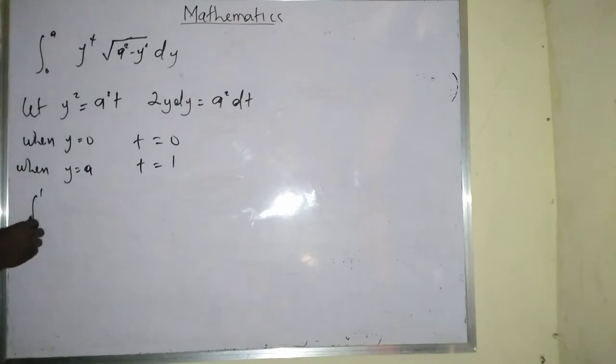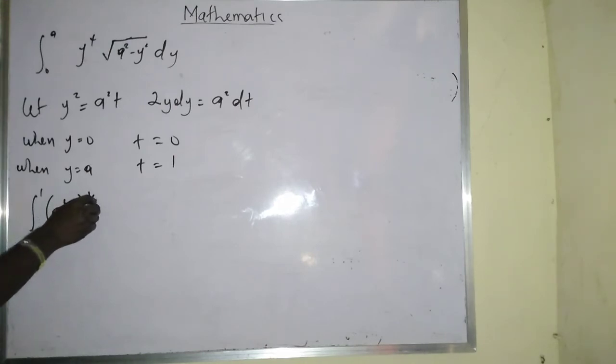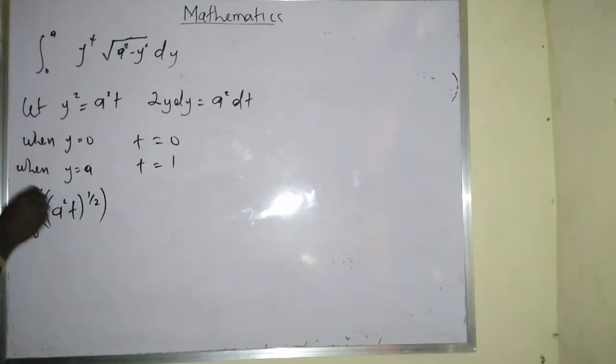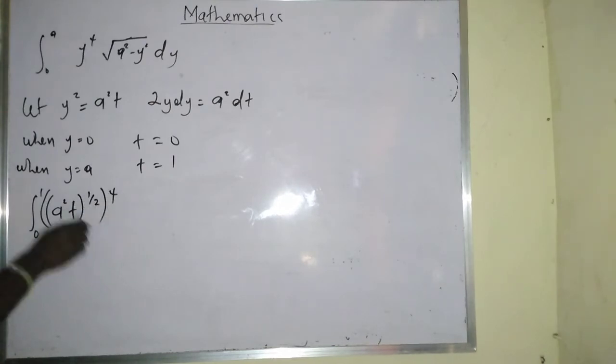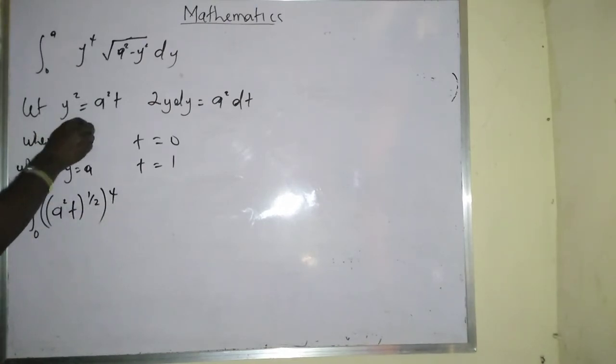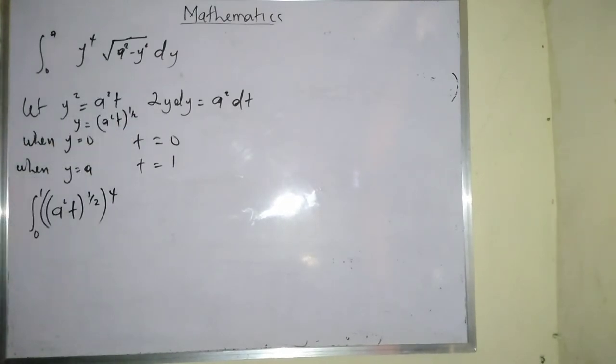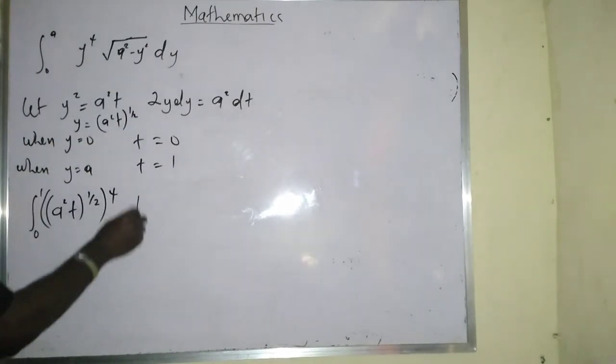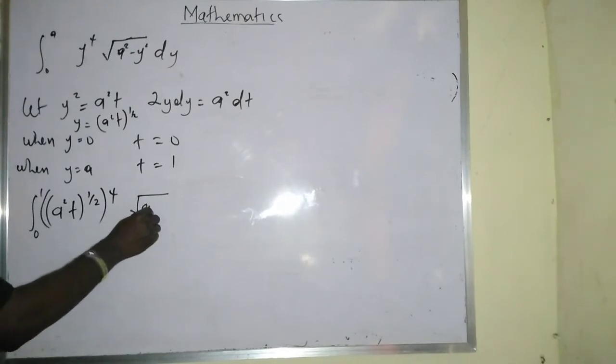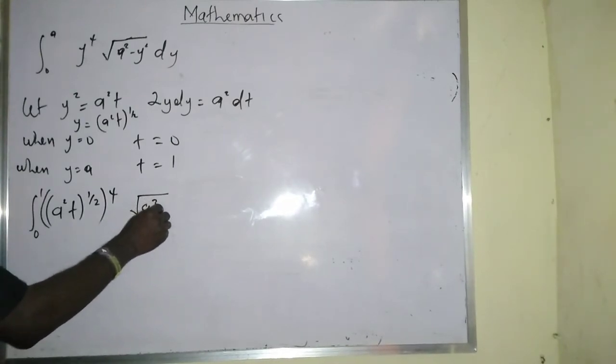I will be having a squared t, bracket of 1 over 2, bracket of 4. This means y can be equal to a squared t, bracket of 1 over 2. That's what I'm trying to do there. Now, I will move on by having t of a squared minus what?